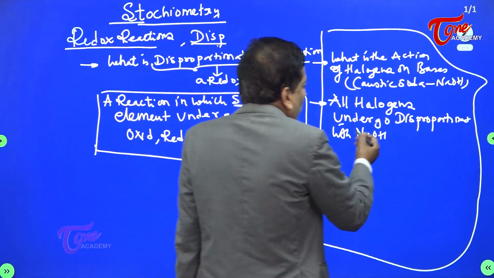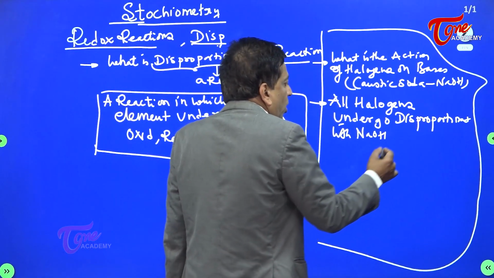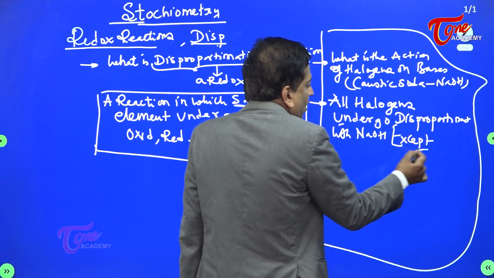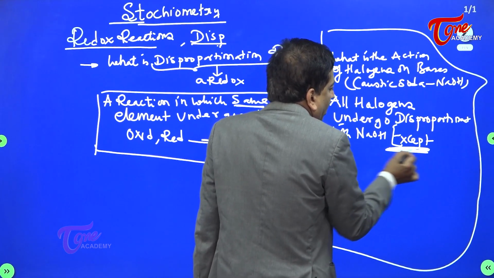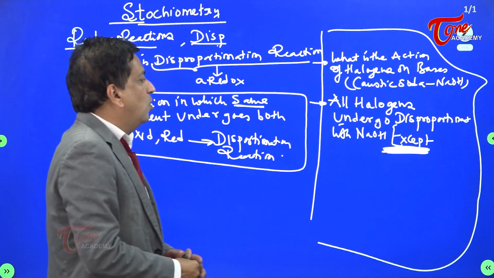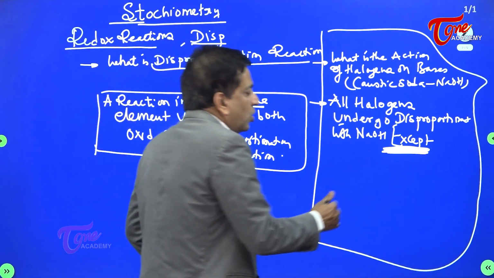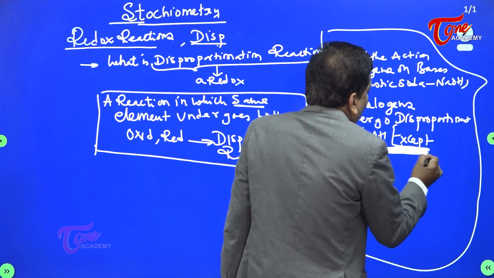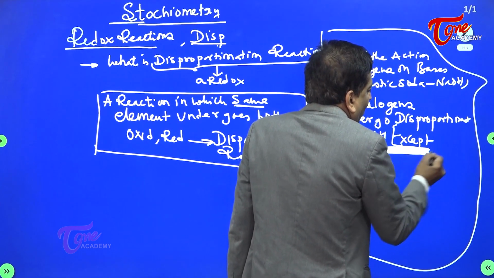So all halogens undergo disproportionation with NaOH. Here, I am underlining. That's what I meant by dance. So understand, all halogens undergo disproportionation with NaOH except fluorine.